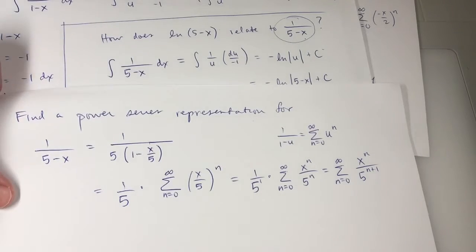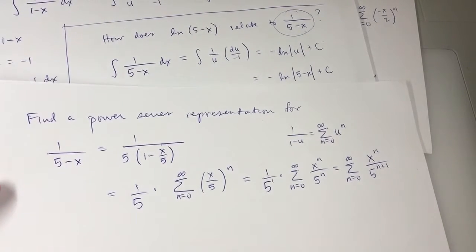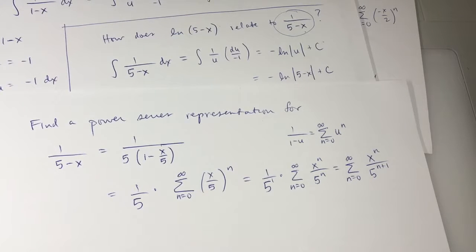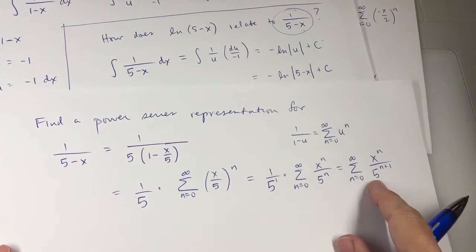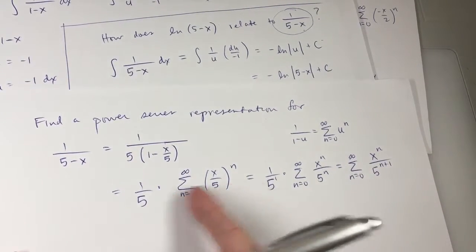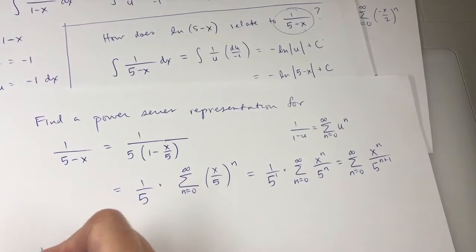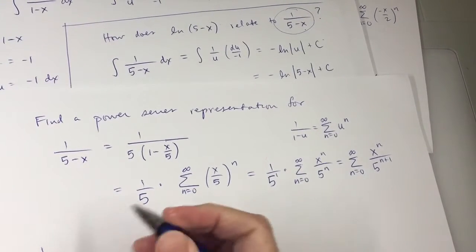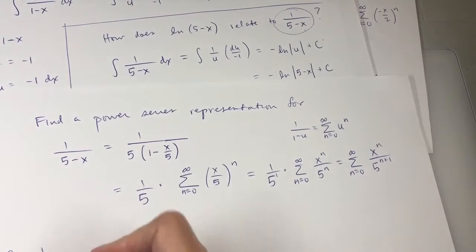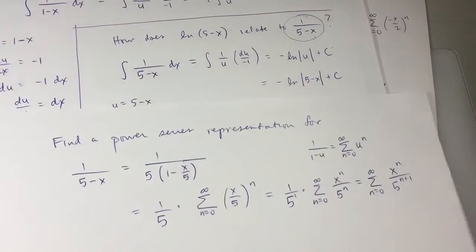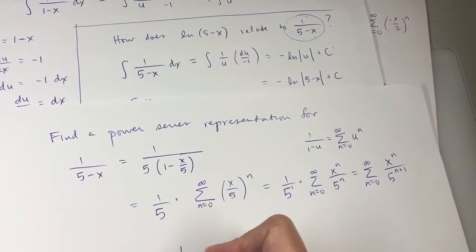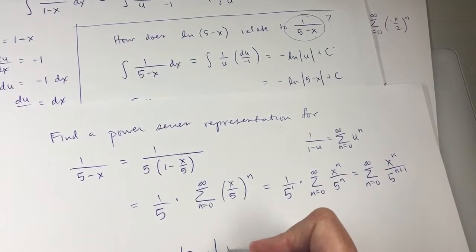So I have the power series representation. Let me reevaluate what I just said. It doesn't matter. I'll work from here. So 1 over 5 minus x. In fact, the integral of 1 over 5 minus x dx, I know because we calculated it that that's negative ln absolute 5 minus x plus some constant c.